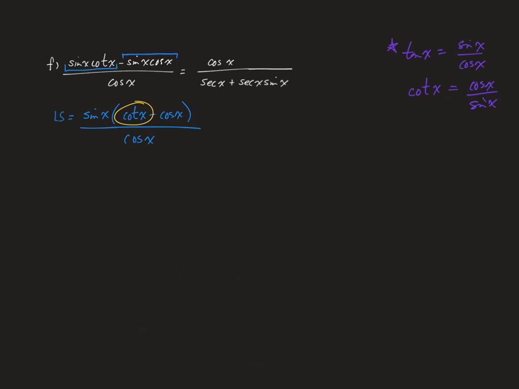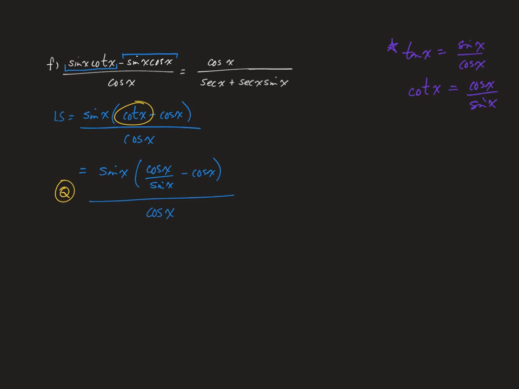Instead, let's just use our quotient identity again. What that means is I can replace cotangent with cos x over sine x. And that is me still using the quotient identity.